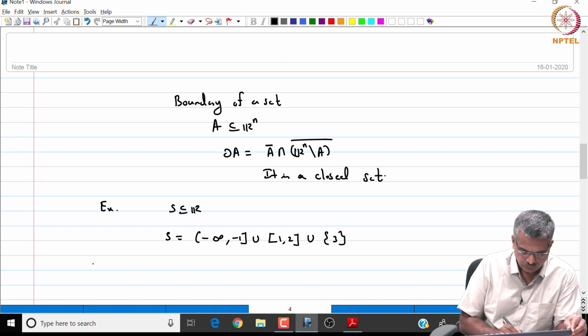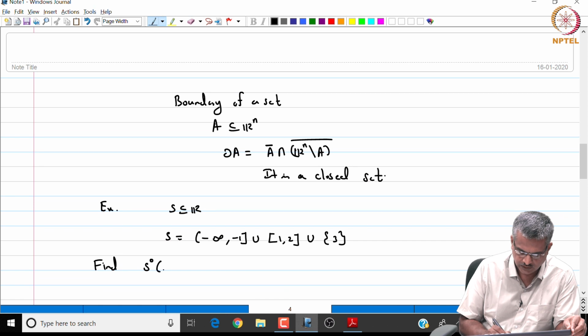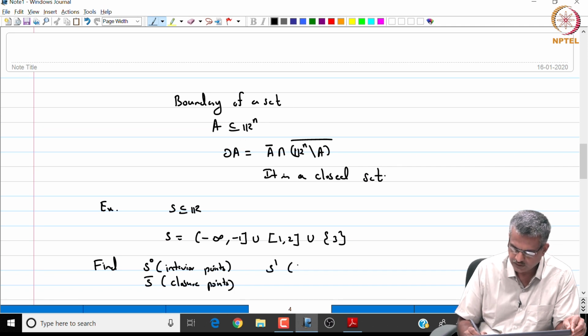We need to find S interior, so let me denote the interior points by this symbol, then the closure points of S, then S prime, the limit points, and the boundary points.